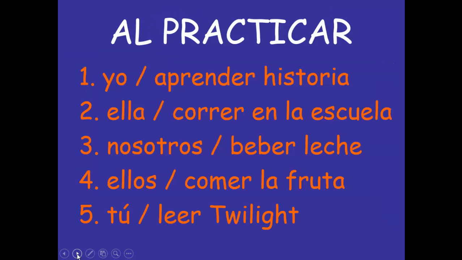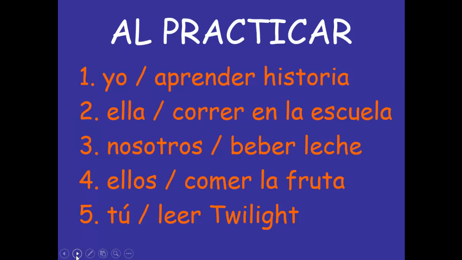So let's practice these. Yo, the verb is aprender. We're going to drop the ER and it's going to be aprendo. Ella, the verb is correr. We're going to drop the ER and add just the E. So corre en la escuela. She should certainly not do that. Nosotros, the verb is beber. We're going to drop the ER and add emos.